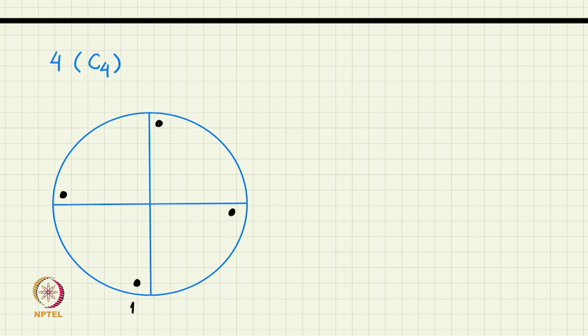So, in terms of operations, this was generated by the identity operation. This one was 4 plus, that is, 4 plus is a 90-degree counterclockwise rotation.